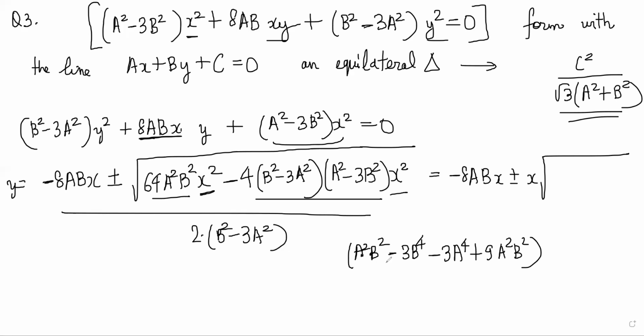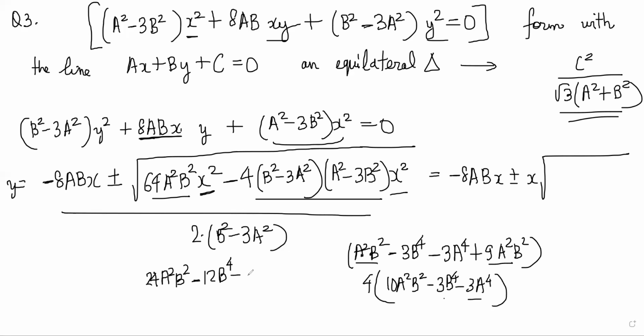So you get 10a square b square minus 3b power 4 minus 3a power 4, and then you have to multiply that by 4. So you get minus 40 minus 12 minus 12, right? So you will get 64 minus 40, so that will be 24 a square b square minus 12 b power 4 minus 12 a power 4, right?